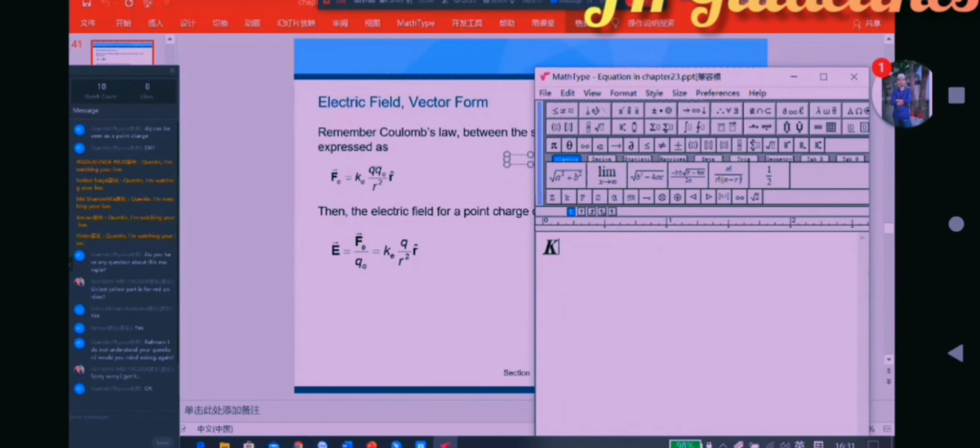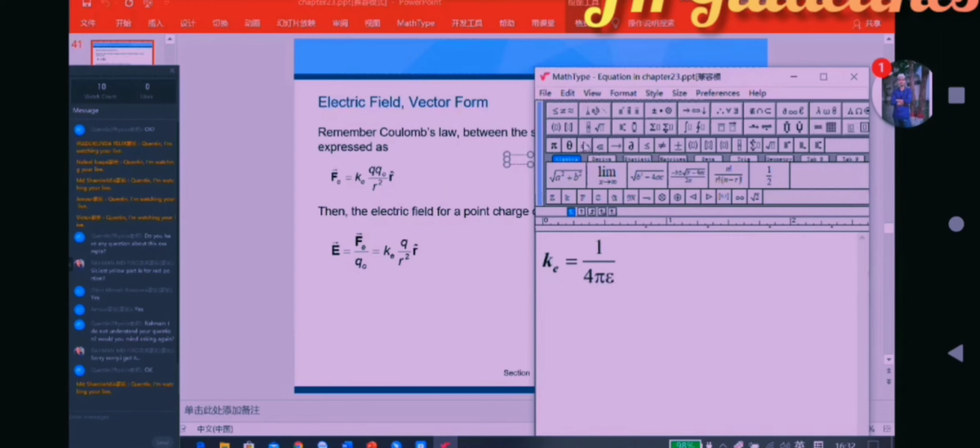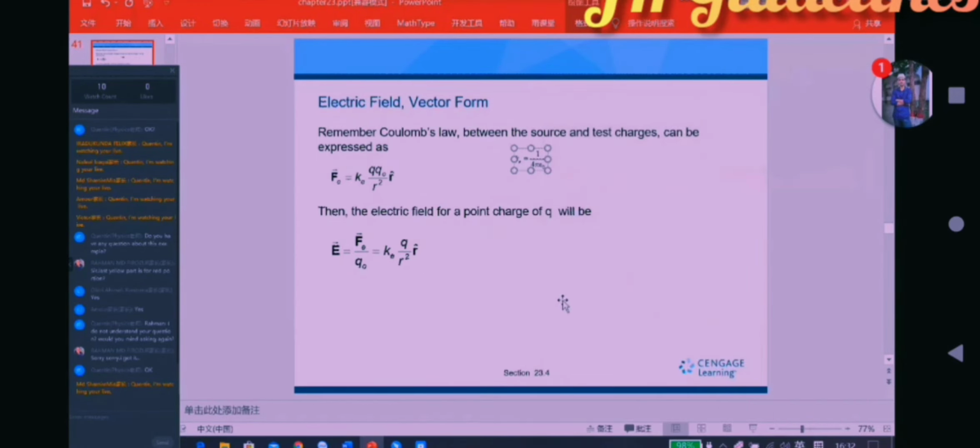The KE, like I said, equals 1 divided by 4 pi epsilon 0. So this is KE. All right.